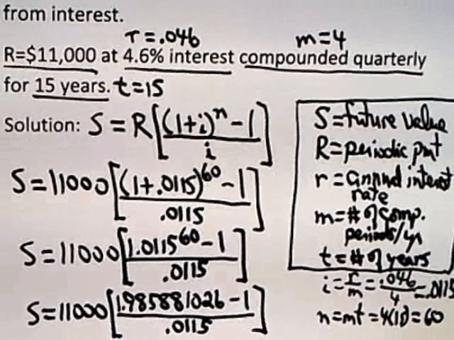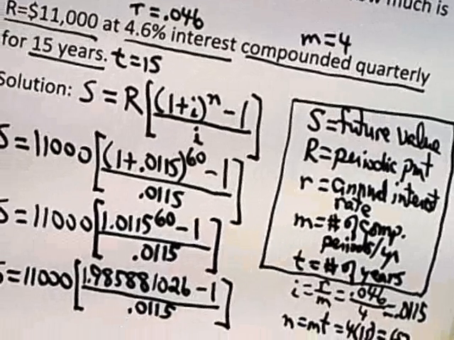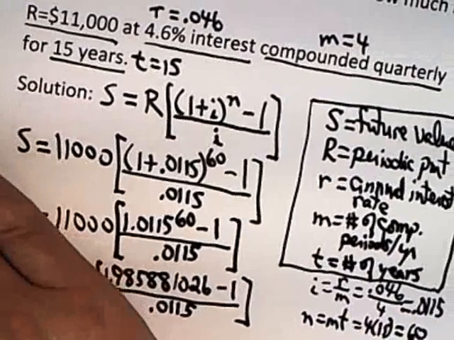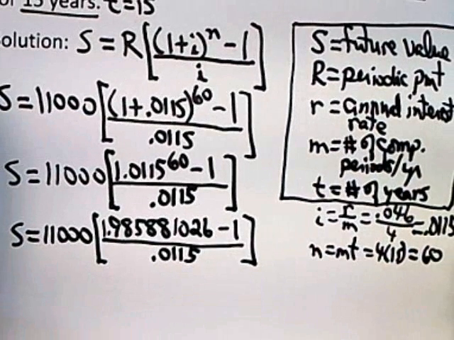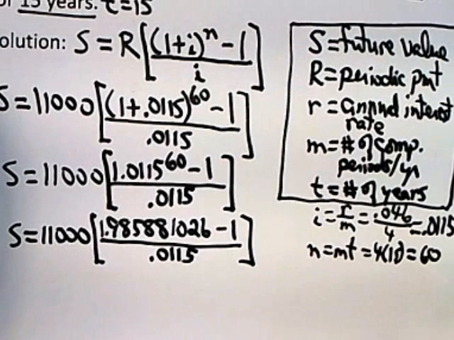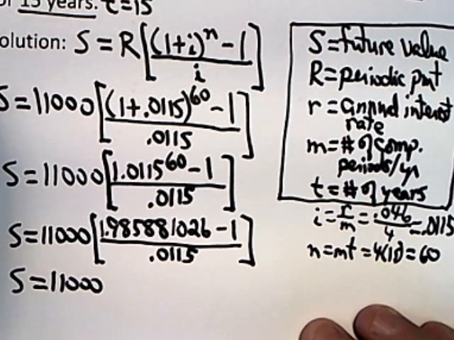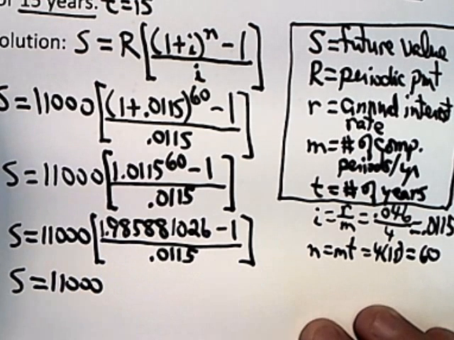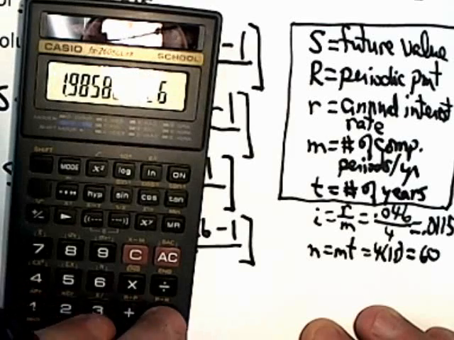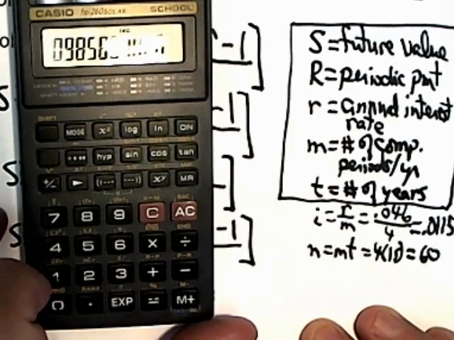Okay, and continuing, this is a long problem. I've got S is equal to 11,000 times. Now I'm going to take 1.9858811026, subtract 1, because that number is already in the calculator, and hit equal.